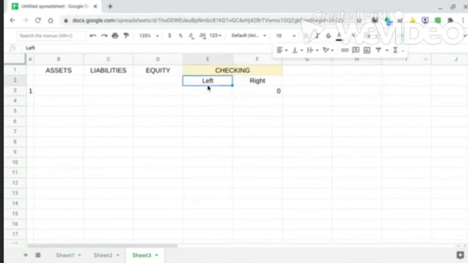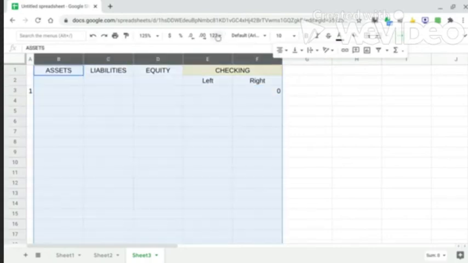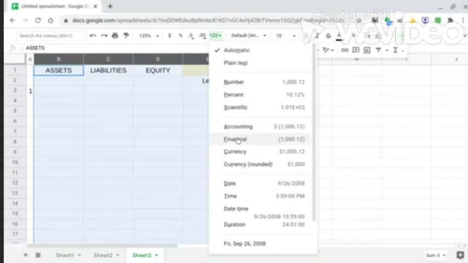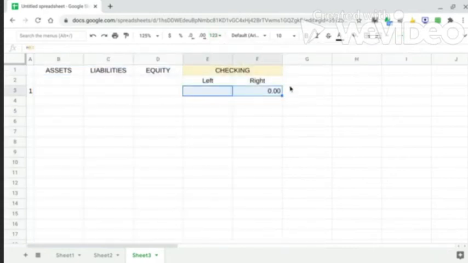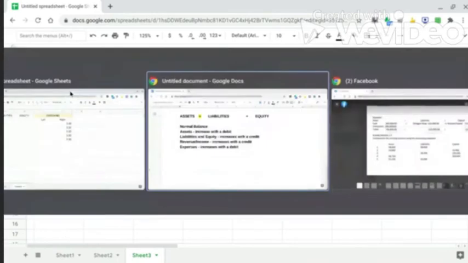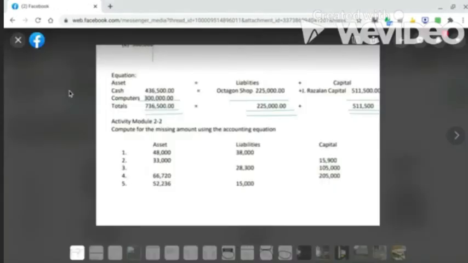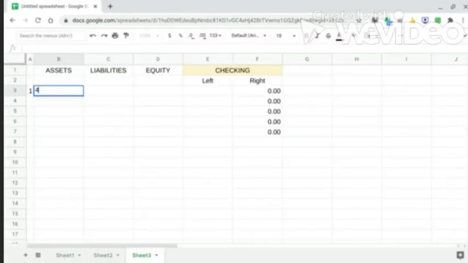So, okay. Let's start with number 1. In number 1, we have an asset of 48,000 pesos and a liability of 38,000 pesos. If you notice, there is a difference here.